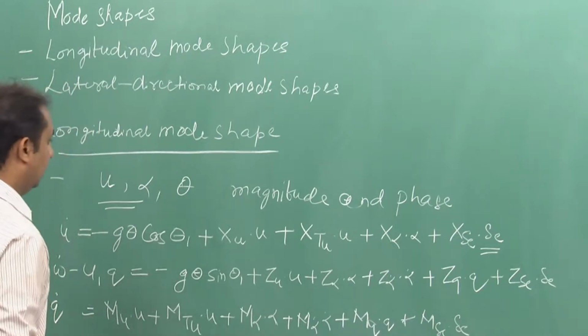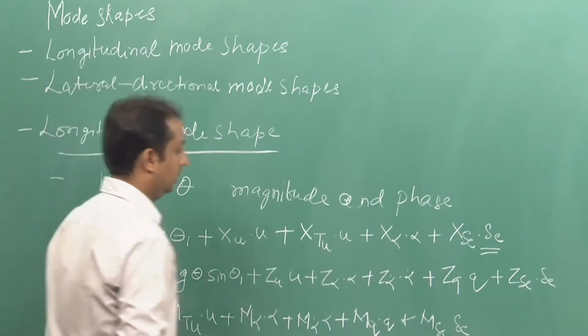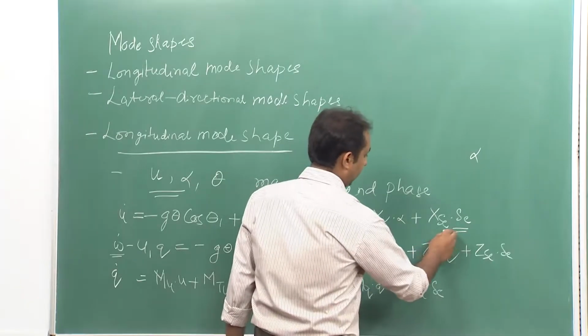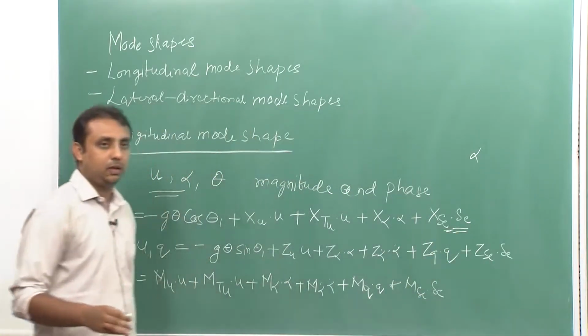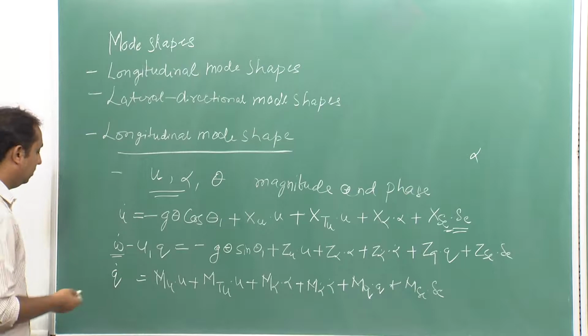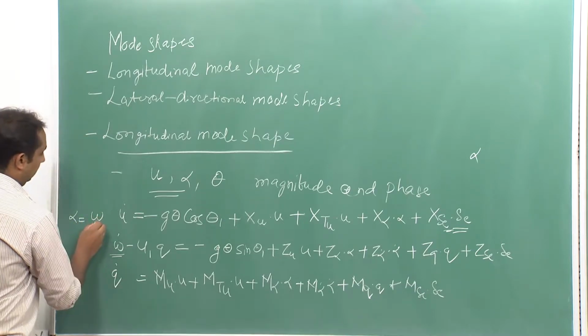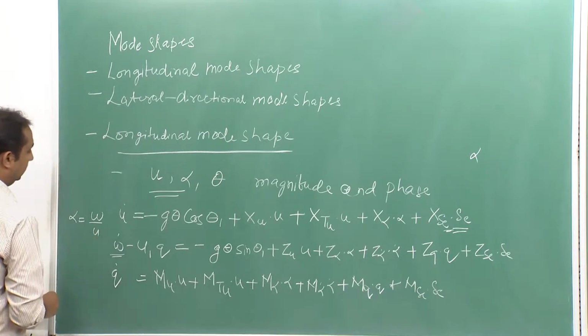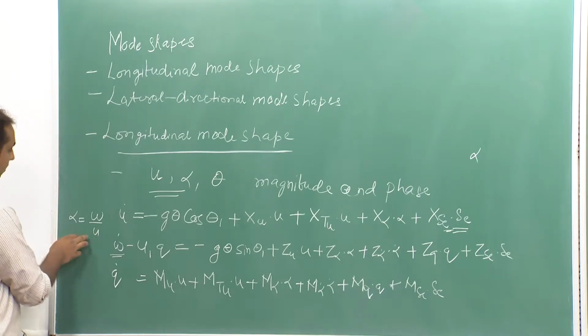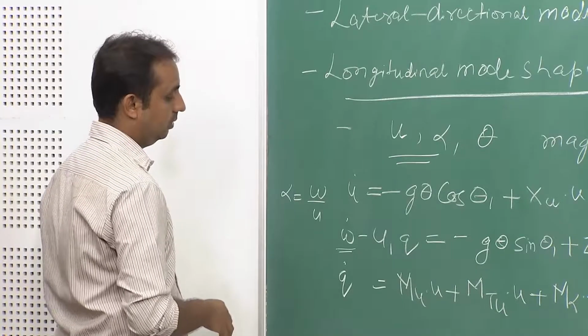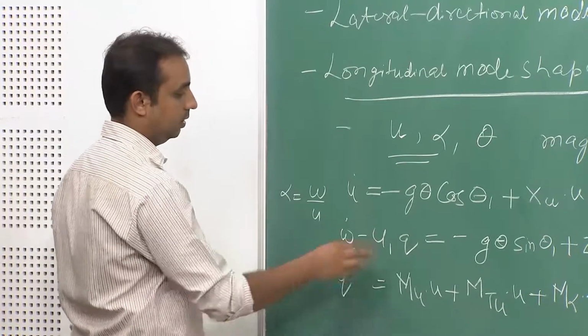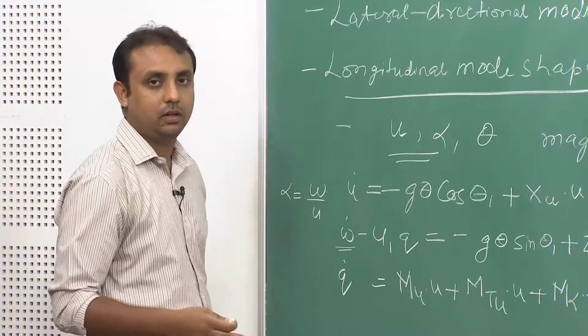So, let us neglect the terms due to delta E and make a suitable substitution in these equations. As we know, alpha equals w upon U, so using this formula you can substitute the value of w and your equations will be in terms of alpha.